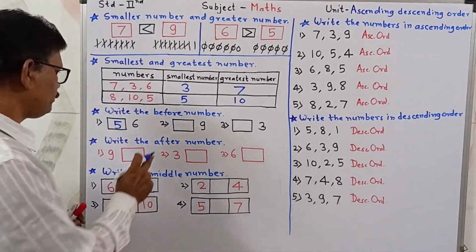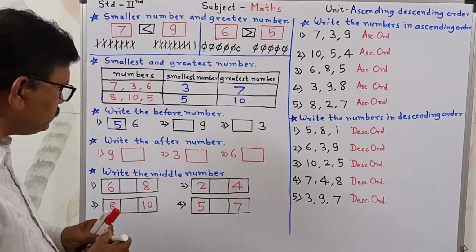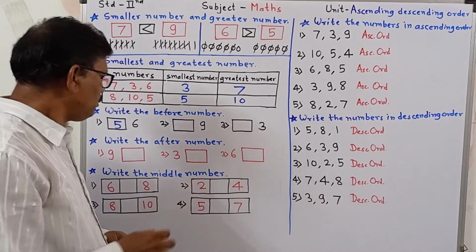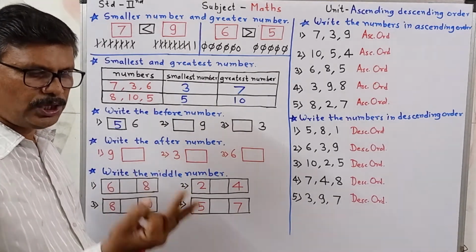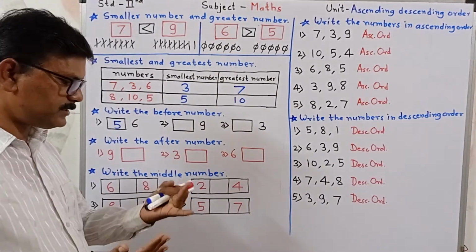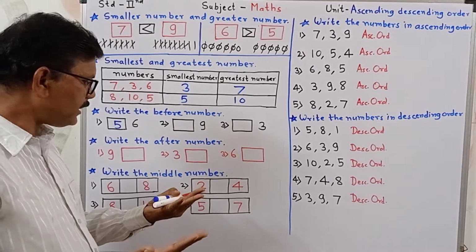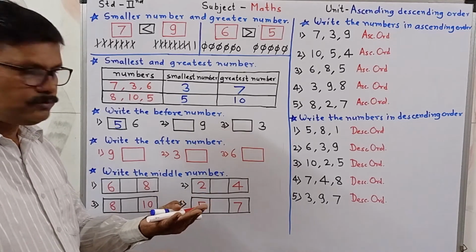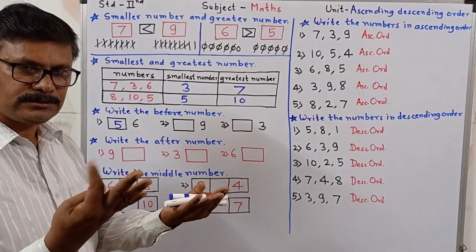Okay. Now second one, 9. So count up to 9. 1, 2, 3, 4, 5, 6, 7, 8, 9. Okay, 9 is there. Subtract 1, 8.